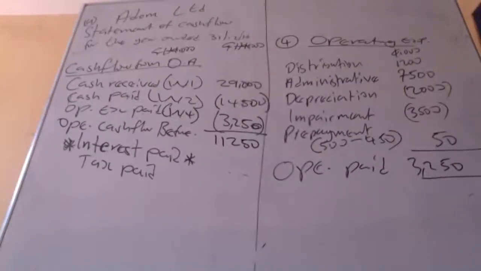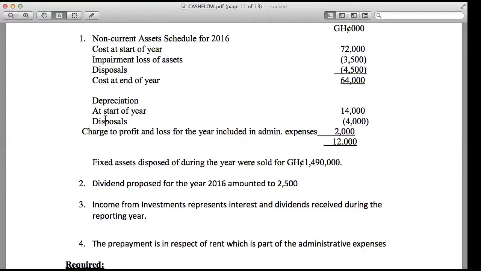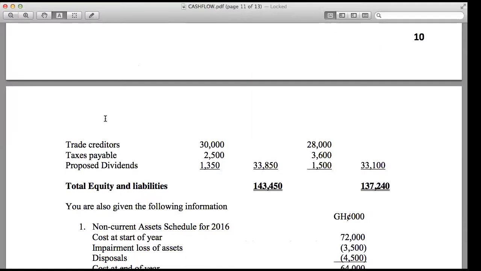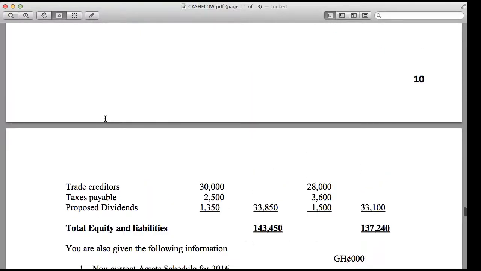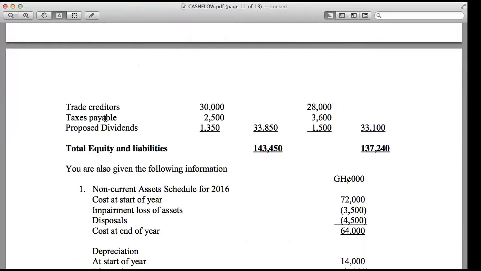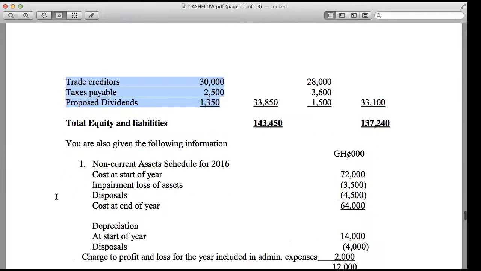Okay, so according to the question, let's look at the financial position and check the current liabilities. They are trade creditors, tax payable, proposed dividend. So there's no interest payable here. They are not owing any part of the interest, and there's no note that tells us they are owing interest.